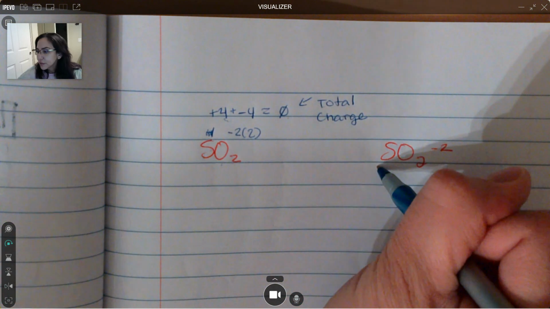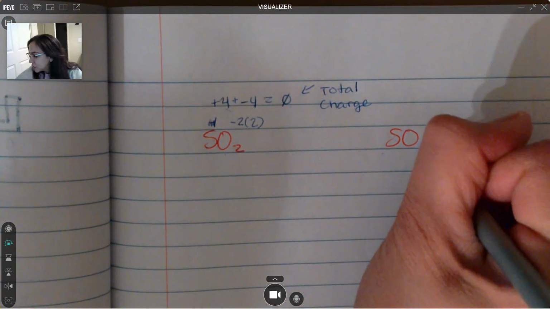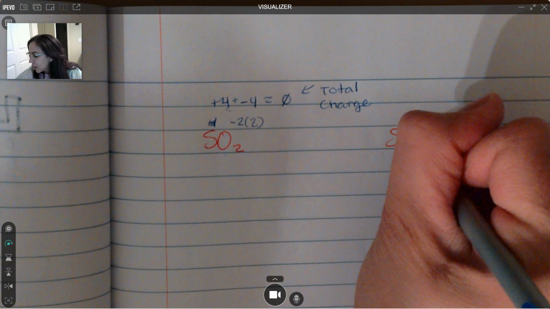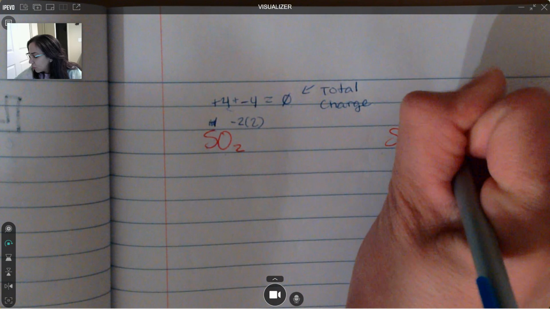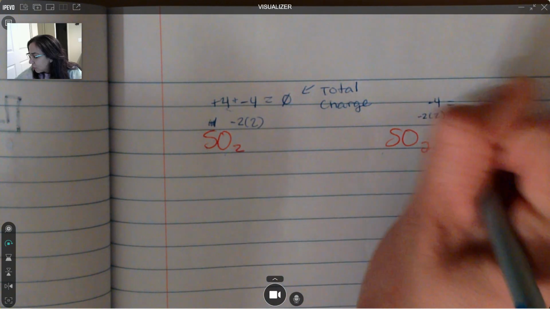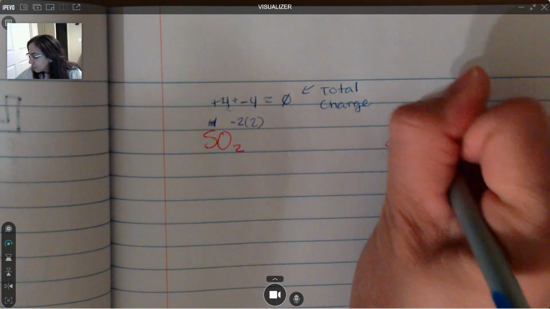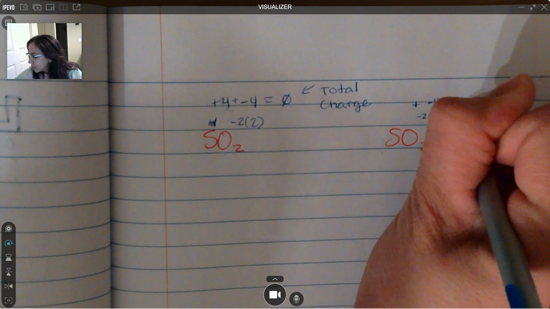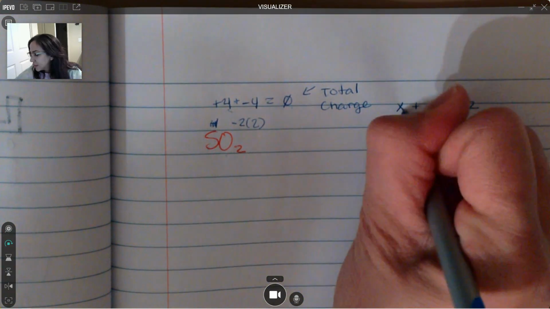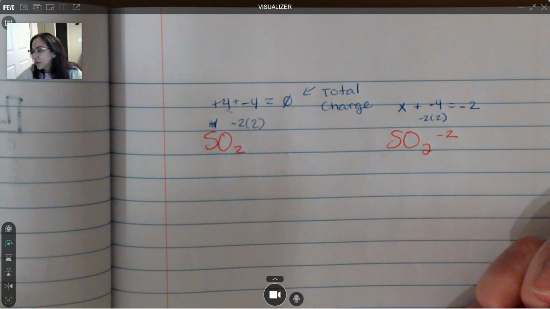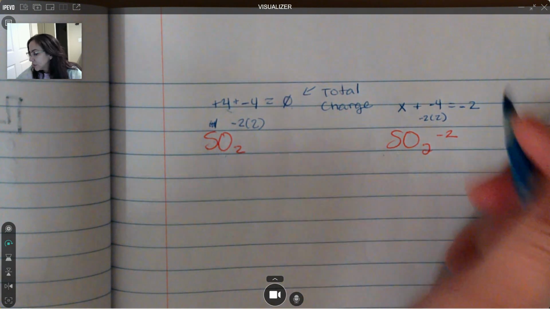Now let's look at this one right here. We said oxygen is -2, and there's 2, so that's going to be -4. So -4 plus something here has to equal -2, right? So you've got this equation here: X plus -4 is equal to -2.